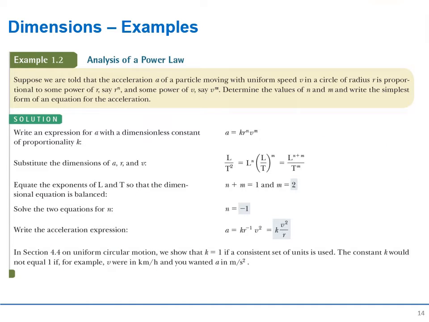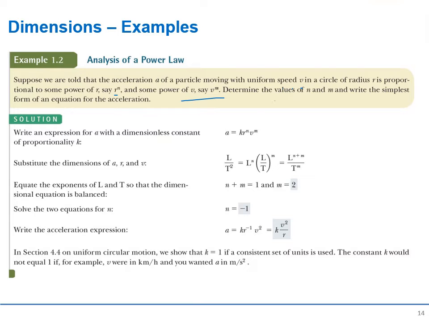Now, analysis of a power. Suppose we are told that the acceleration of a particle moving with uniform speed v in a circle of radius r is proportional to some power of r, say r raised to the power n, and some power of v, say v raised to the power m.